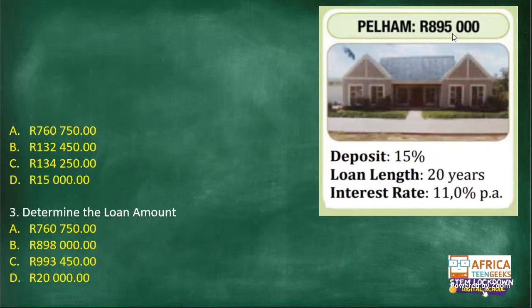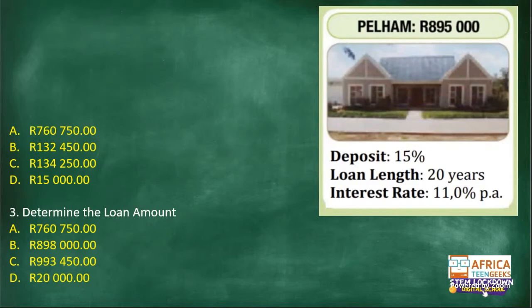So in other words, we have to take this and subtract that from the total cost of the house. Now that we've paid a deposit of 134,250, which is 15%, how much will the loan amount be?